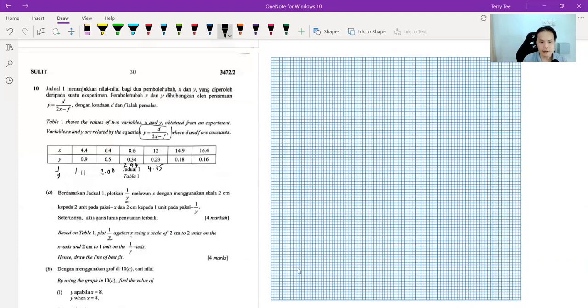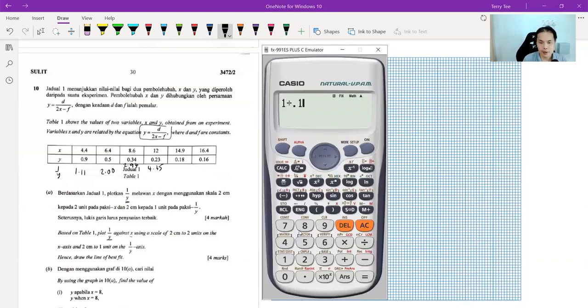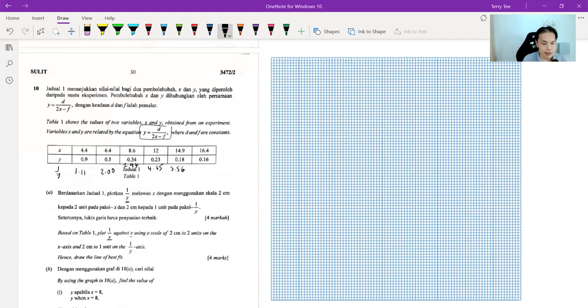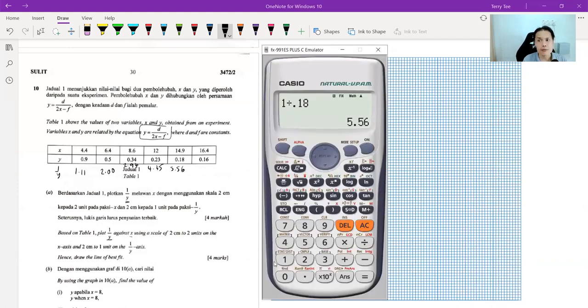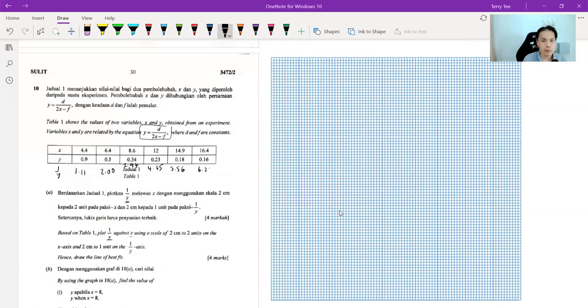Next, 1 divided by 0.18 gives us 5.56 upon rounding off to 2 decimal places. Two decimal points is enough, but we don't have to give more. Next one, 1 divided by 0.16 gives us 6.25.